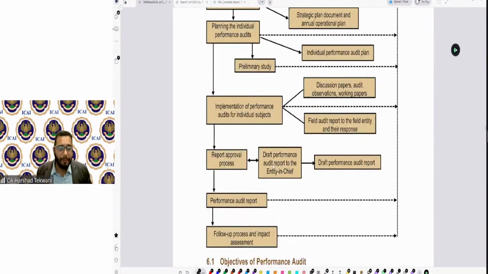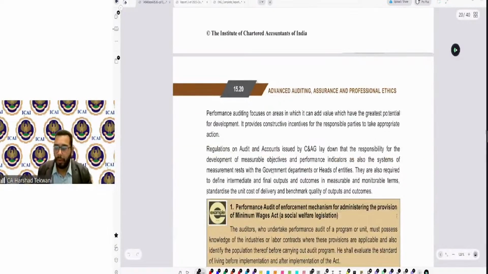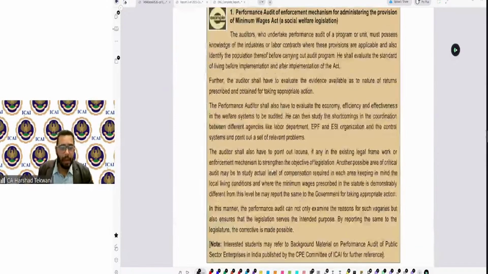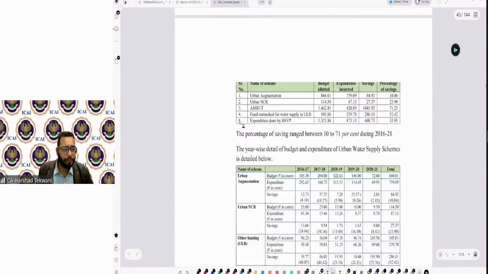And then the final performance audit report will be issued. Clear? So this is how the planning is done for the performance audit. Understanding the entity or program, you define the objectives and the scope of audit, determine the audit criteria, the way we saw the audit criteria earlier. If I show you in an example itself.